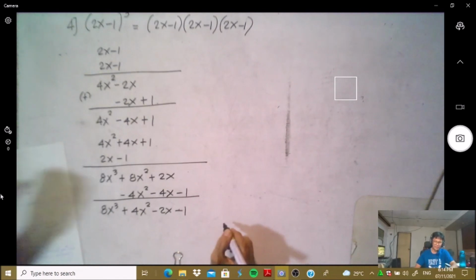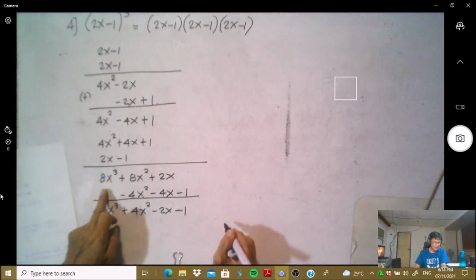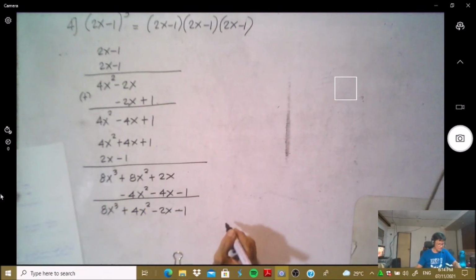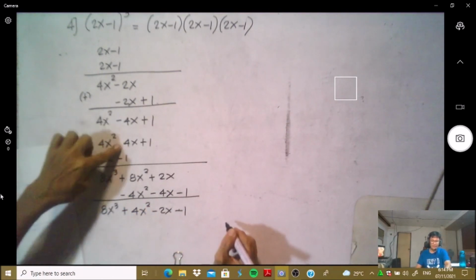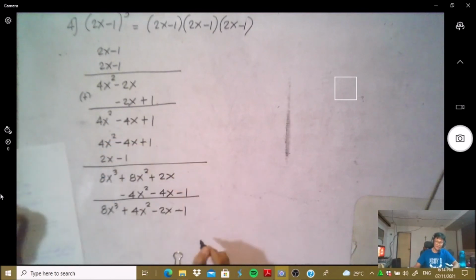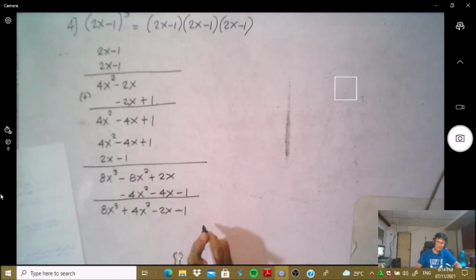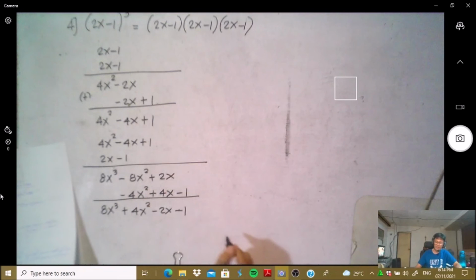Then we are going to multiply it with this one. So we have 8x cubed, because this should be minus. Okay, so anyway, I will repeat.